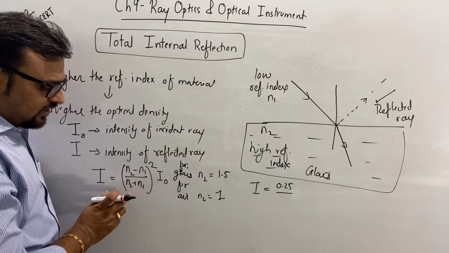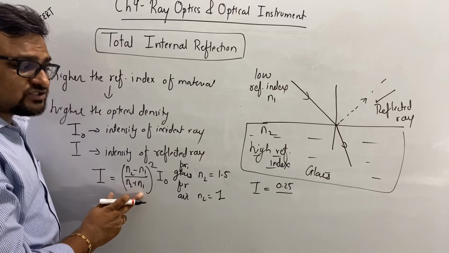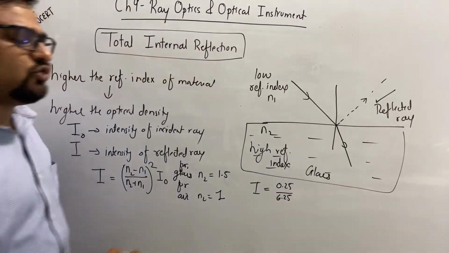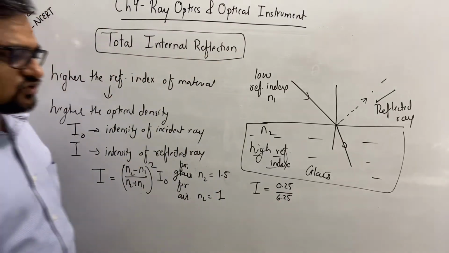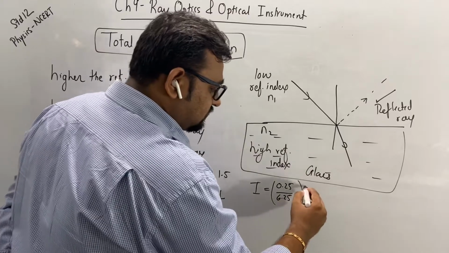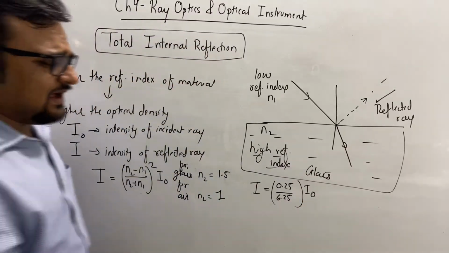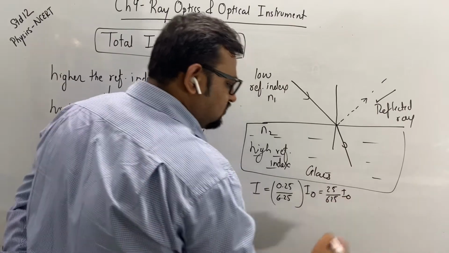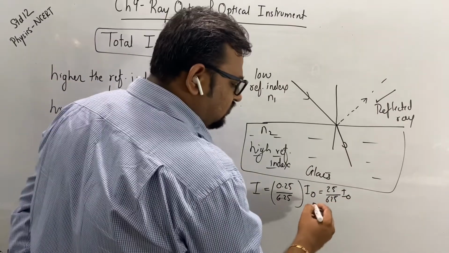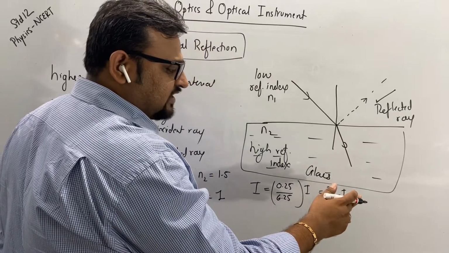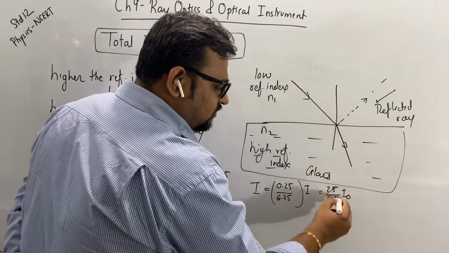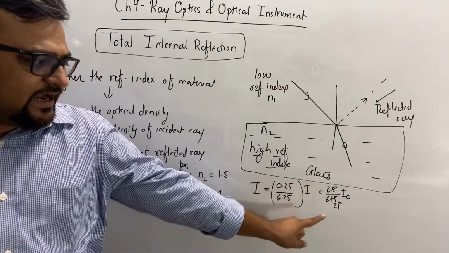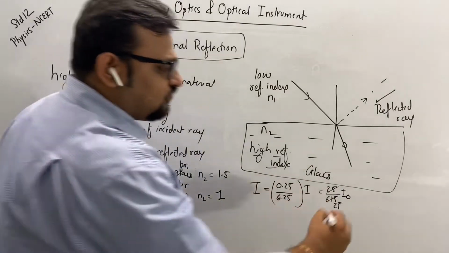And here 1.5 plus 1 is 2.5, whose square is 6.25. So this will be equal to 25 upon 625 I0. So I is equal to 25 upon 625 I0, which is equal to 1 by 25 I0, that is 0.04 I0.